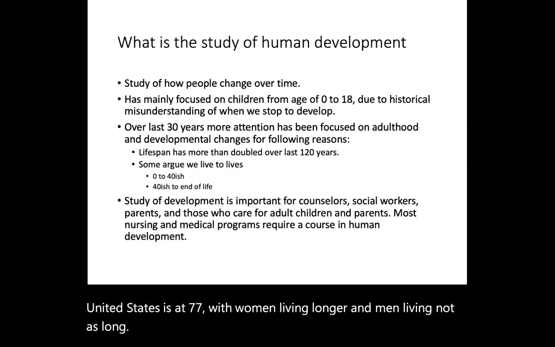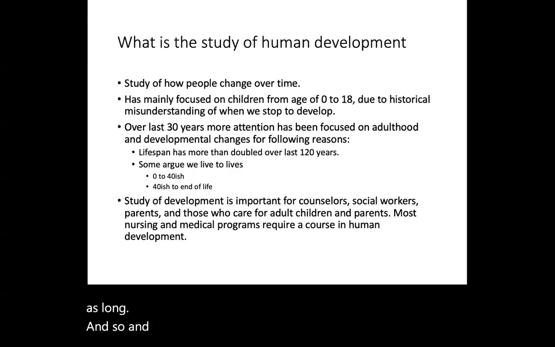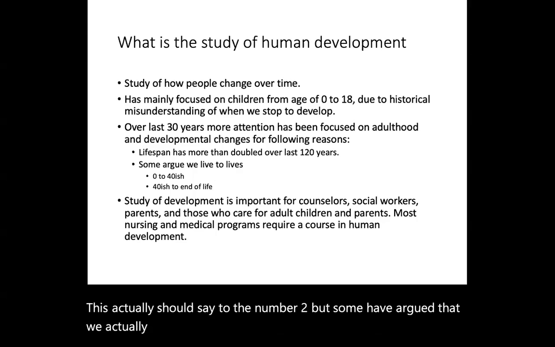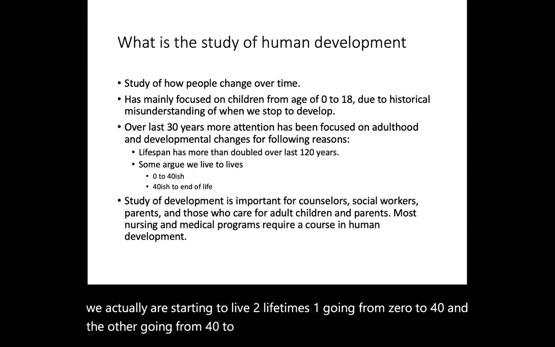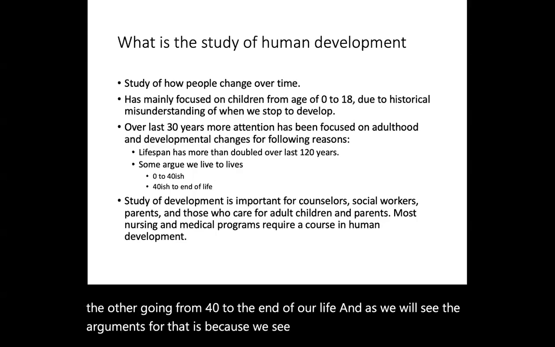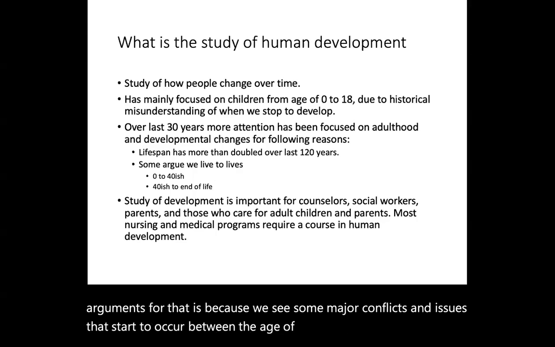And so, this actually should say the number 2, but some have argued that we are starting to live 2 lifetimes, one going from 0 to 40 and the other going from 40 to the end of our life. As we will see, the argument for that is that we see some major conflicts and issues that start to occur between the ages of 35 to 45, which almost denote a change in lifestyle.